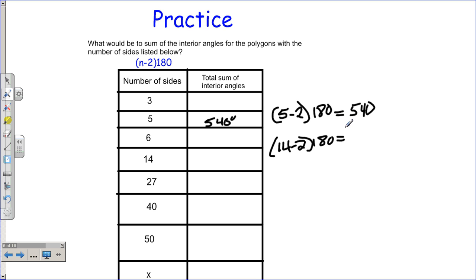Can't do that one in my head. Get my calculator. 14 minus 2 times 180 is 2,160. So if it had 14 sides, the total of the interior angles would be 2,160 degrees. Okay?